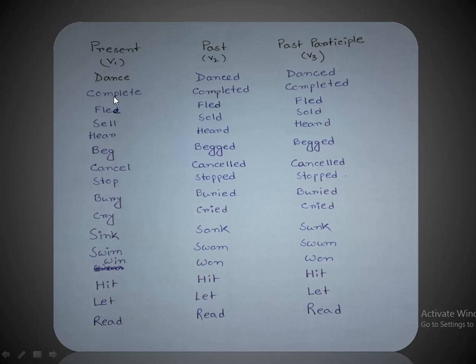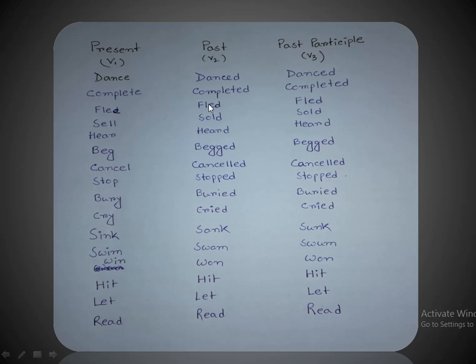Now see the second one, complete. The past form of complete is completed and the past participle is completed. In the third example, see, there is a little difference. Here the verb is flee. Flee means run away. Flee, F-L-E-E.